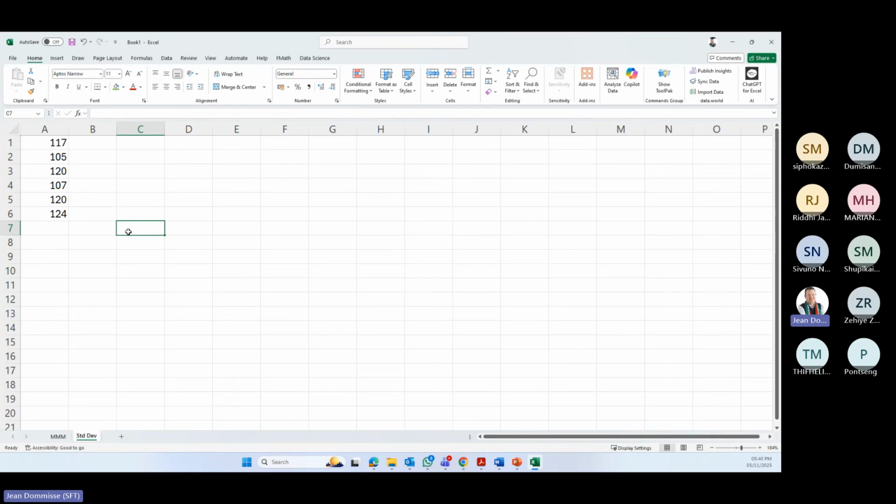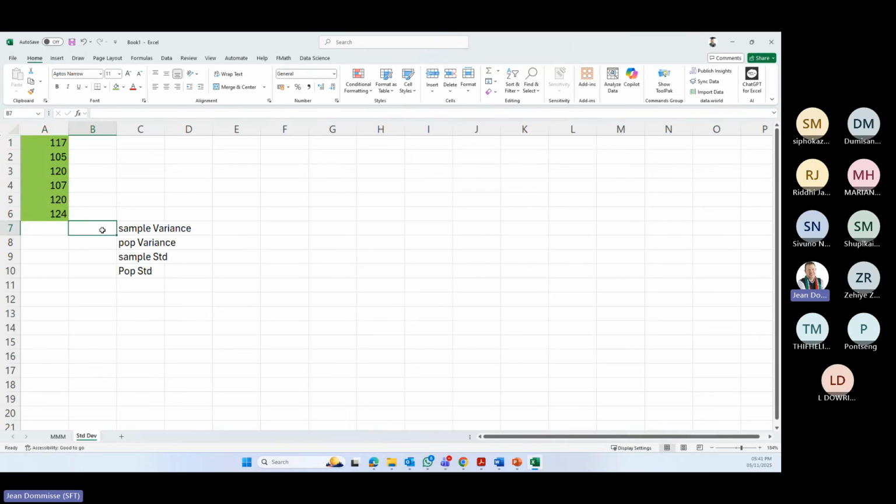Before we get to deviation, let's first do sample variance, then population variance, then sample standard deviation, and then population standard deviation. Then again, you have it when you're working on the data set.